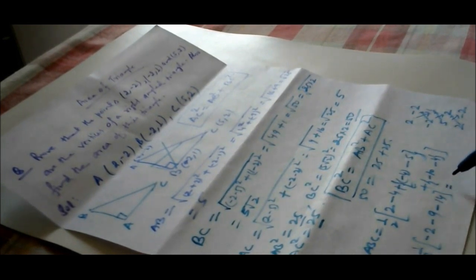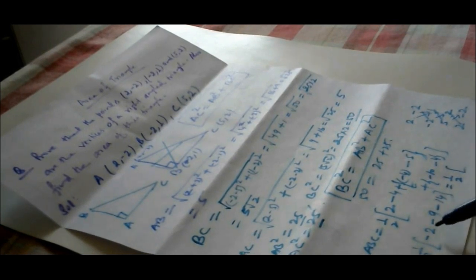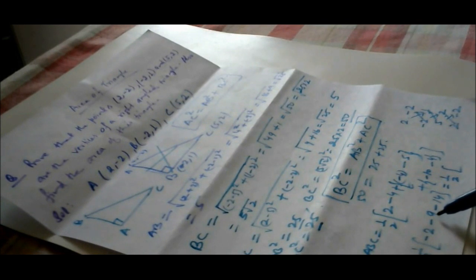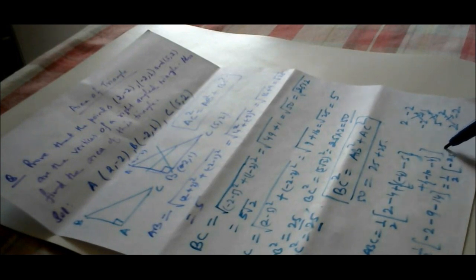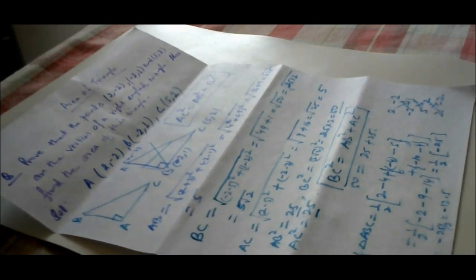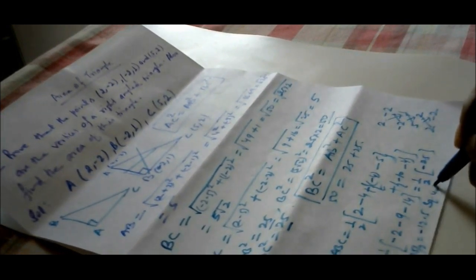So this is giving us 1 by 2, minus 2, minus 9, minus 11, minus 11, minus 14, so minus 25 by 2. So it is minus 12.5 square units.